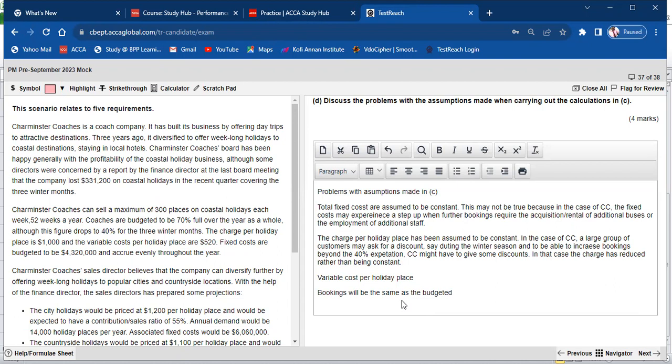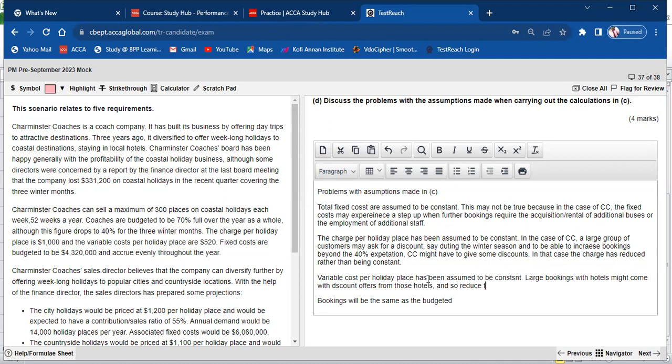Okay, variable cost per holiday place has been assumed to be constant. Large bookings with hotels might come with discount offers from those hotels and so reduce the variable cost per holiday place booking.